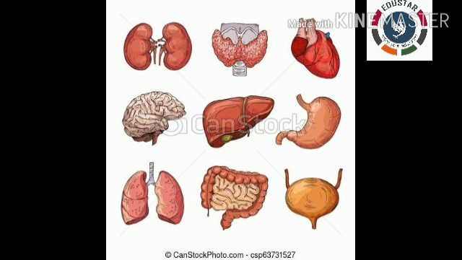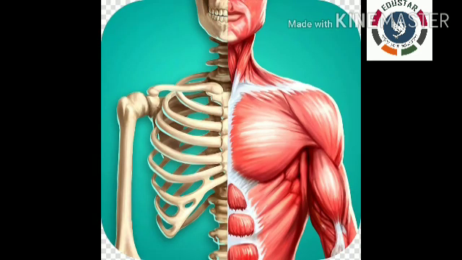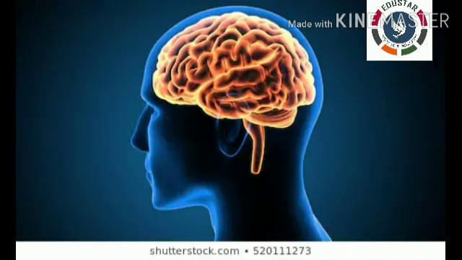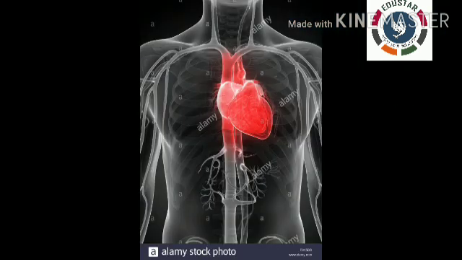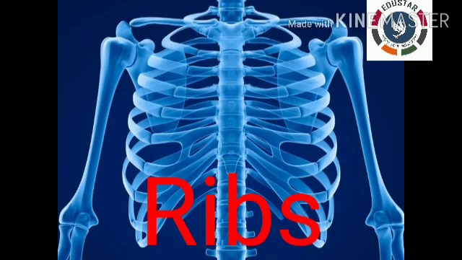So, they must be in a safe place, isn't it? The bones and muscles cover these organs and protect them. The brain is protected by the bone called the skull. Lungs and heart are protected by the bones called ribs.